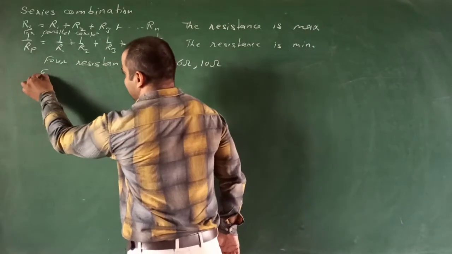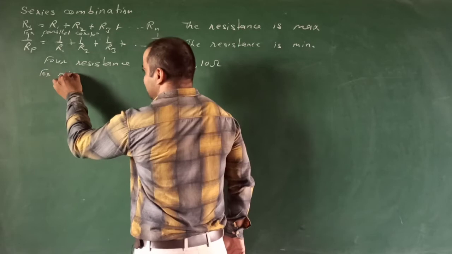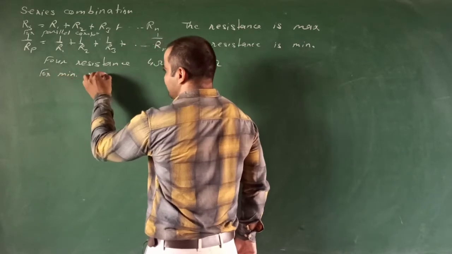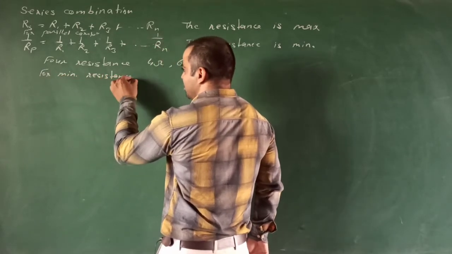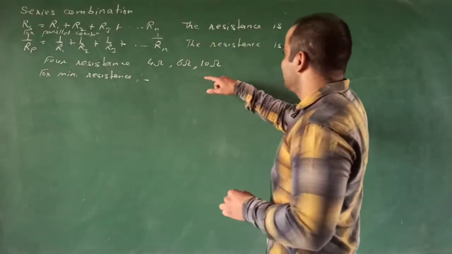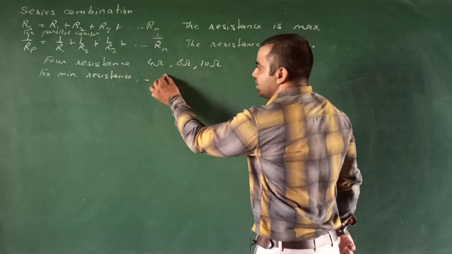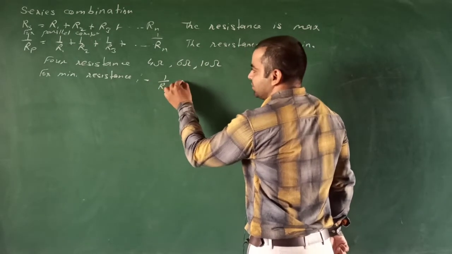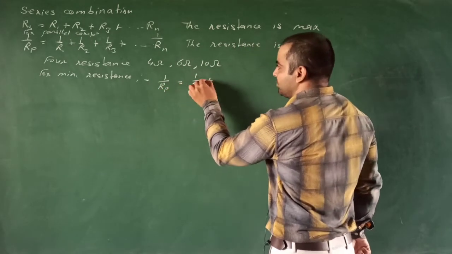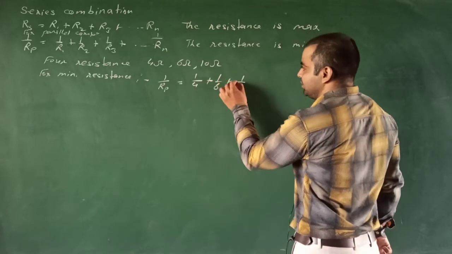For minimum resistance we have to find the parallel combination. Means 1 by Rp will be 1 by 4 plus 1 by 6 plus 1 by 10.